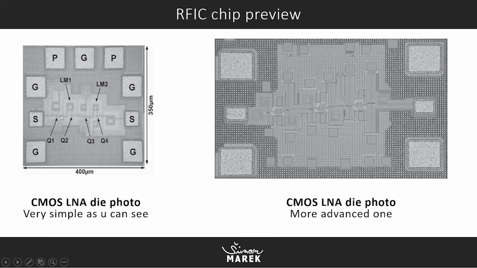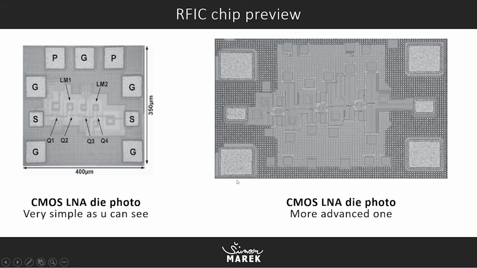So we have probably 5 transistors in a row, and quite a simple CMOS LNA chip, or 4 transistors. Quite simple LNA chip. You can see even dimensions. It's quite small. It is 300 micrometers or so, quite small.